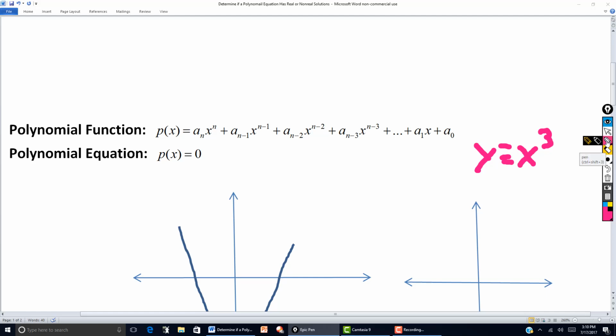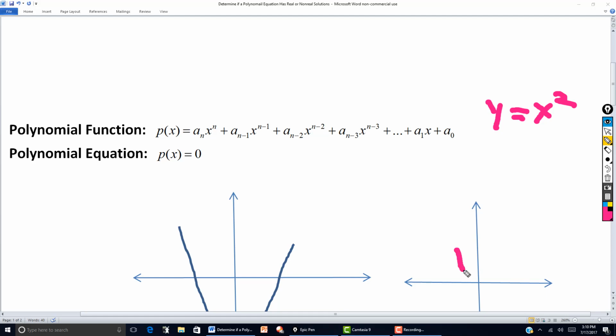Now if I look at, say, y equals x squared, that's a second degree. If I were to graph it, this would give me something like that, a parabola that opens up, with a vertex at the origin. If I stick a negative in front of this, then the graph opens downward this way.